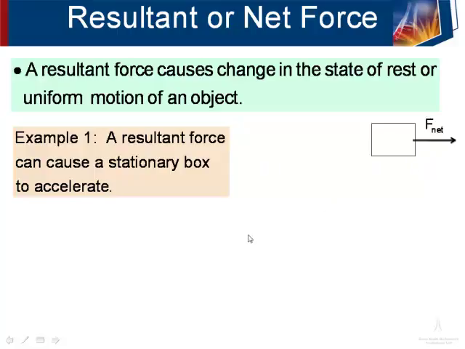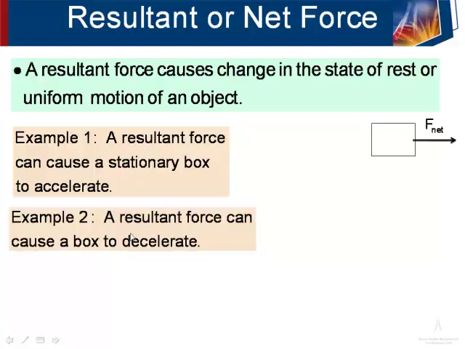In example 2, the resultant force can also cause a box to decelerate. A moving box, F_net, and the box can stop, decelerating.